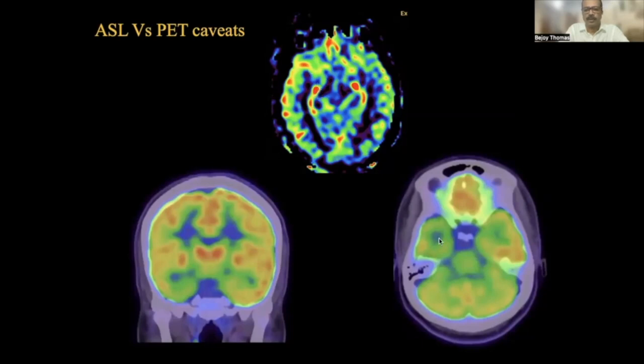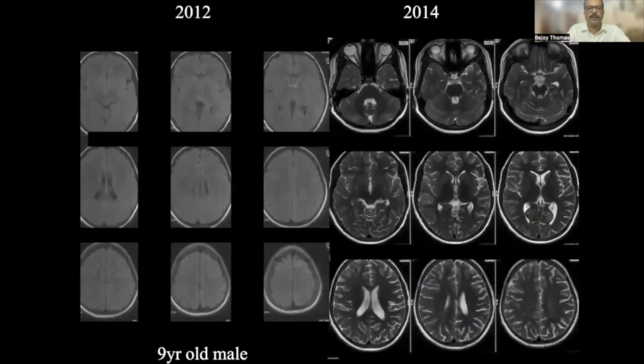So sometimes there can be discordance because you are imaging at different time scales. PET is showing an interictal hypometabolism of the temporal pole, and ASL is showing hyperperfusion on the same side when you are imaging immediately after a seizure. But this is useful if you understand the temporal relationship with the recent seizure or your video EEG findings, then you can localize better using these complementary modalities.